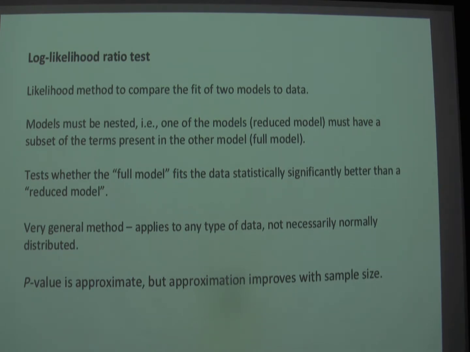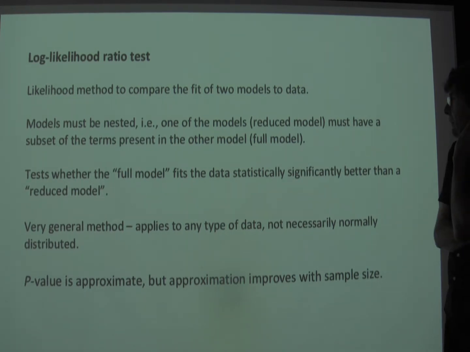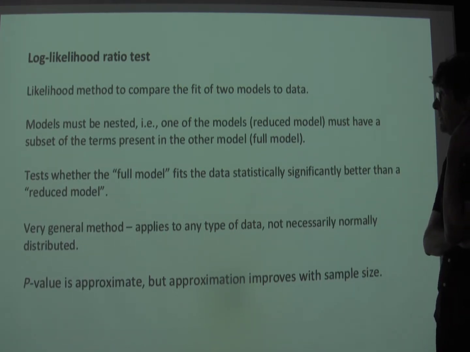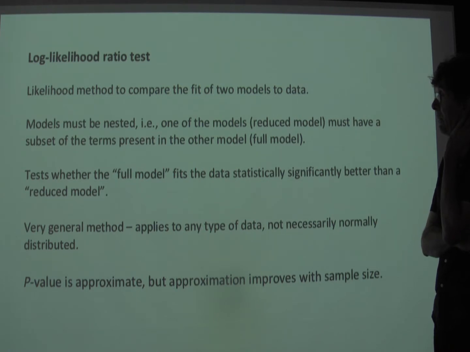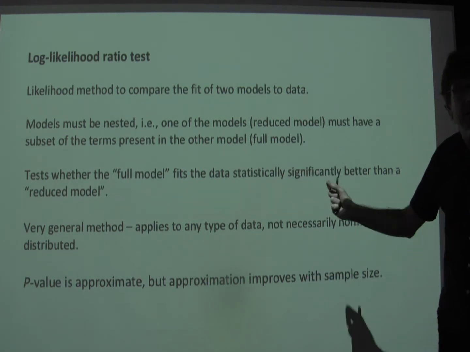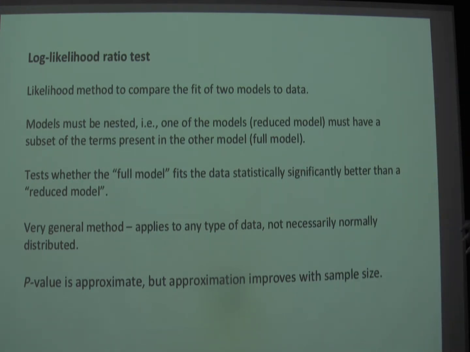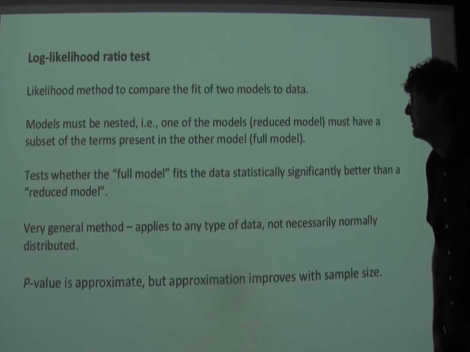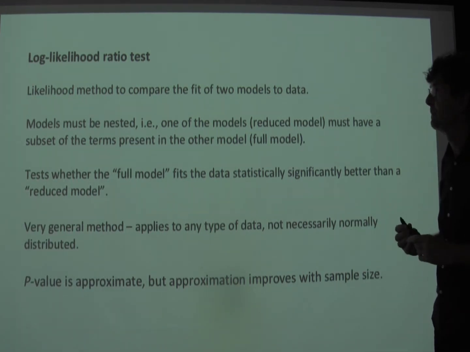The last topic that I want to introduce is hypothesis testing using the likelihood framework. This is also a powerful application of the likelihood principle. The idea is that rather than just have a continuous range of parameter values that we're interested in, we have maybe two hypotheses, maybe a null hypothesis and an alternate hypothesis, or maybe just two hypotheses.